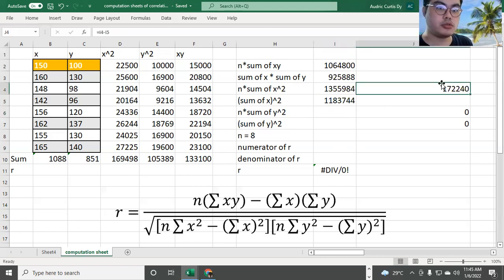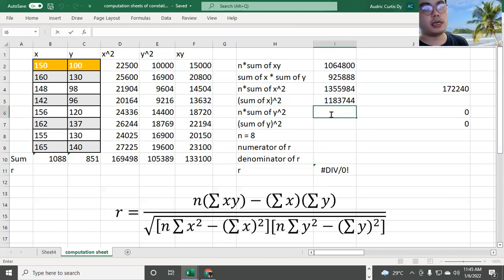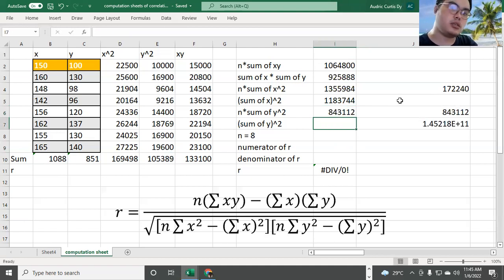Then to get the n times sum of y squared, 8 times the sum of y squared is here. Then to get the square of sum of y, we need to click this, then press hat, then 2.